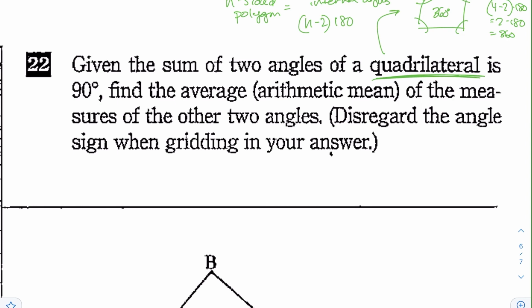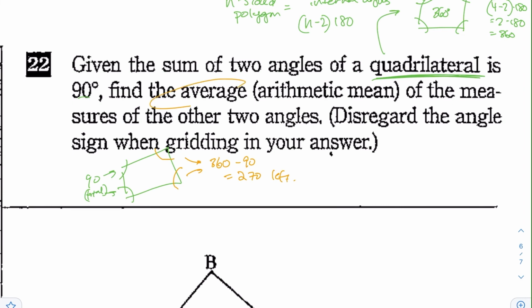Now from that, you know that two of the angles add up to 90 degrees. So the other two angles will be 360 degrees total minus 90 degrees, and that's going to be equal to 270.